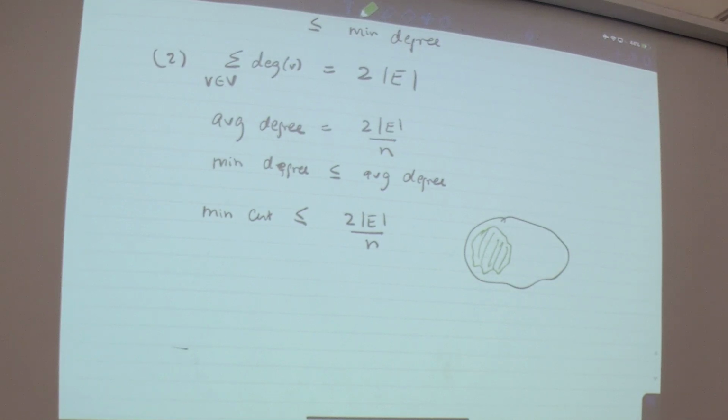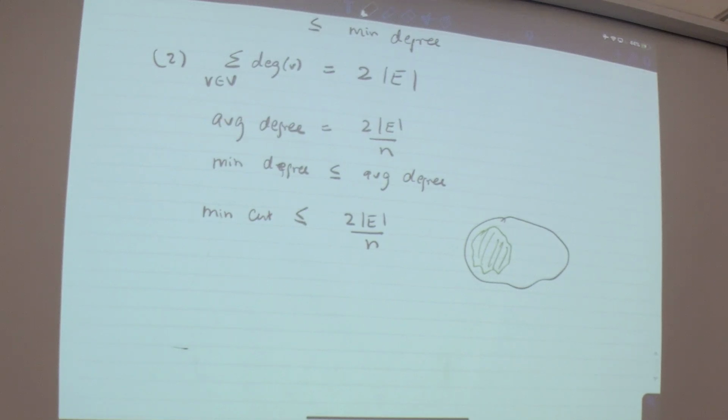We're picking an edge at random. What's the probability it's green, given what we just discovered? Well, the probability that it's green is the size of the green divided by the size of the whole set.